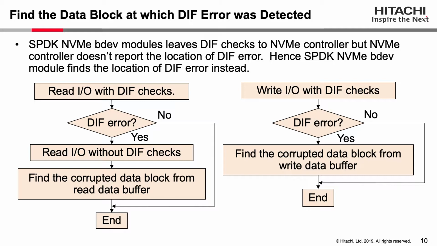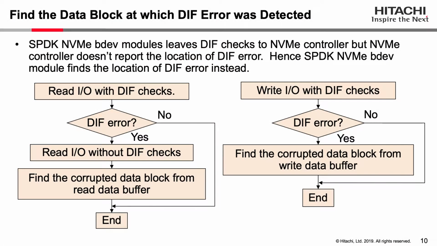And after that, parsing the read data buffer, SPDK finds the corrupted data block and stores that information to the log, and then returns I/O failure to the upper layer.